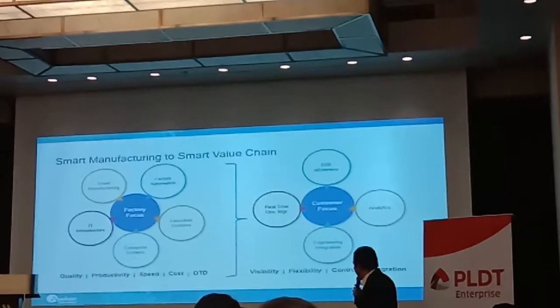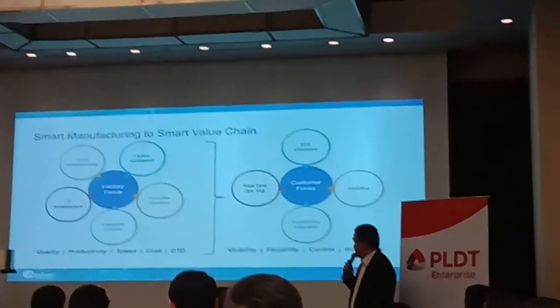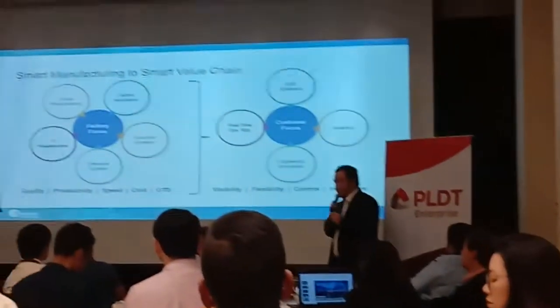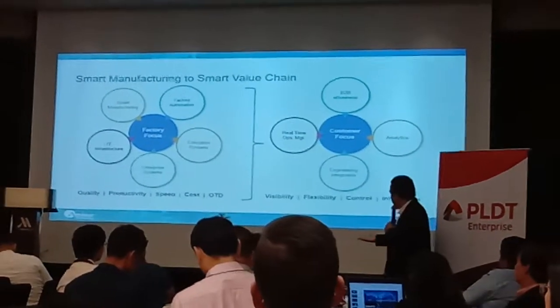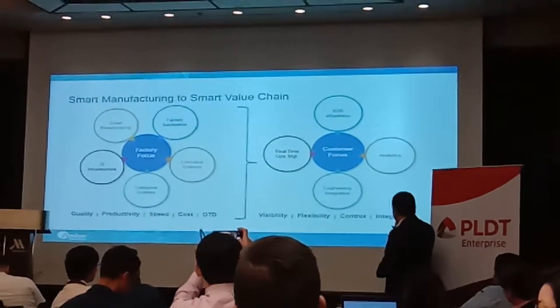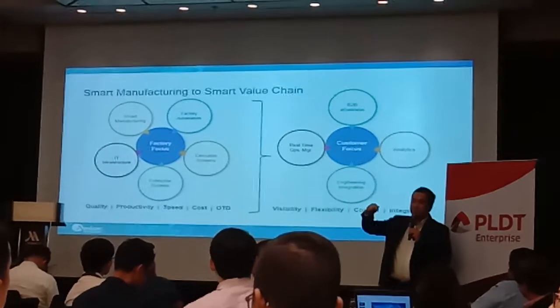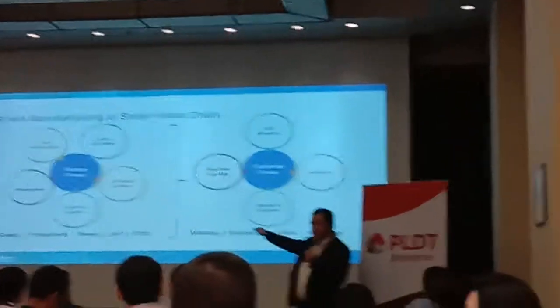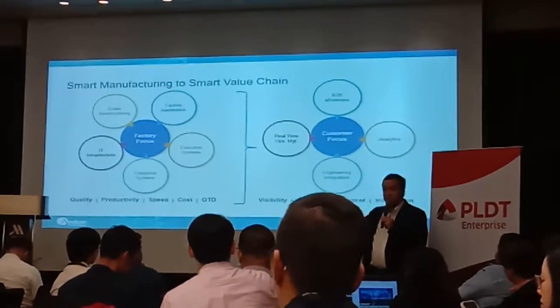Our customers would like to have visibility of their products in our factories. They have the flexibility so that they can study their capacity, their performance, the equipment. They can control when they want to ship it, and also integrate their systems. So our system in the factory is also integrated with their system. There's connectivity across the supply chain.